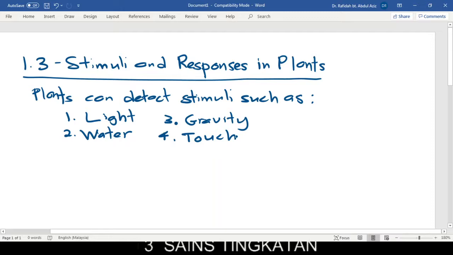So this is among the stimuli that can be detected by plant.